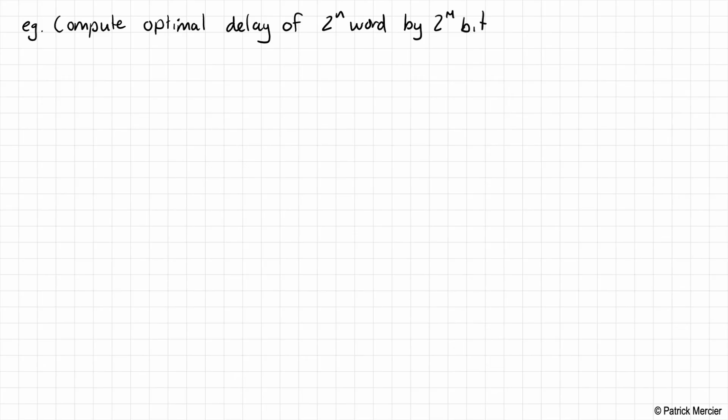What I'd like to do is basically design the sizing for an SRAM cell and for the row decoder. So specifically, the example is compute the optimal delay of a 2 to the n word by 2 to the m bit SRAM.